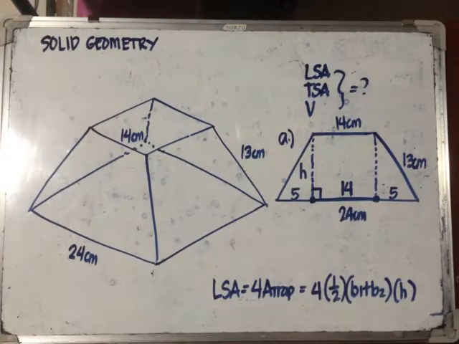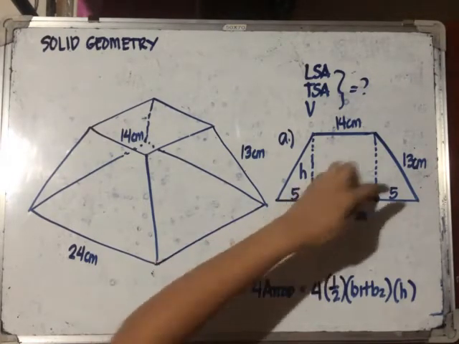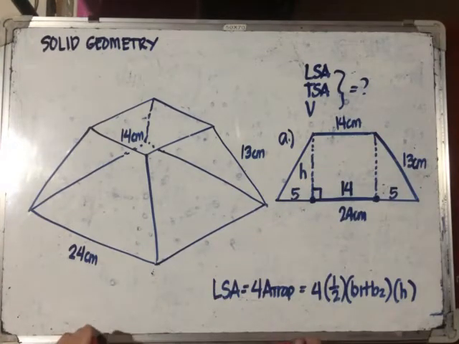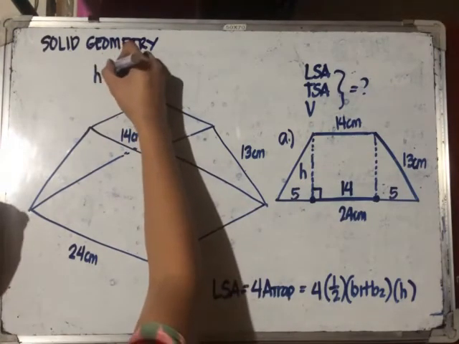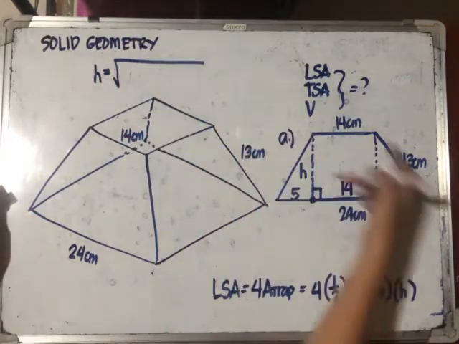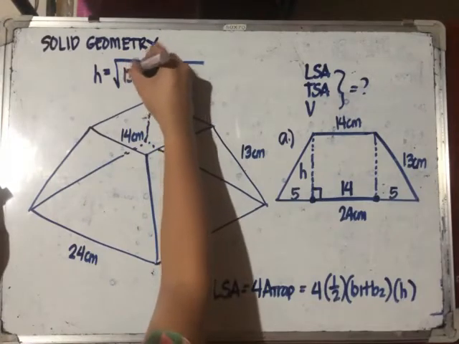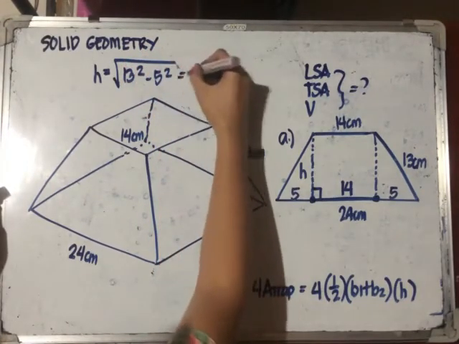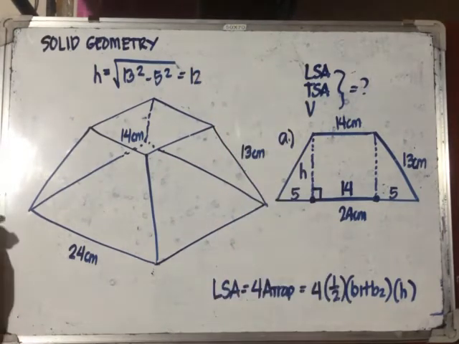So, clear na yon. Then, 13 dito, may 5 ka dyan, you can get your h via your Pythagorean theorem. So, how much is our h? H natin is square root of 13 squared minus 5 squared. And that's equal to 12 centimeters.